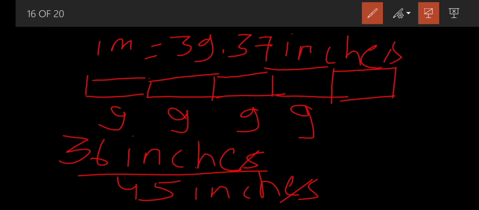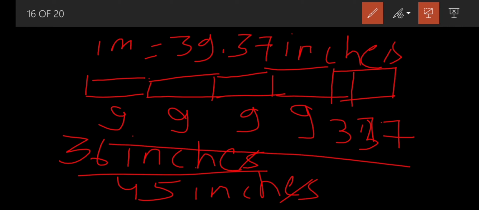For an exact 39.37 inch long wall, she must break the fifth brick into parts, and she has to take one part whose length is 3.37 inches.